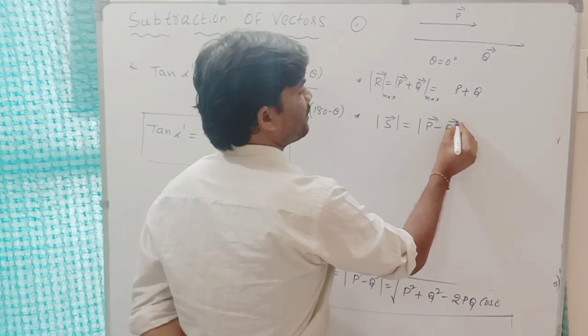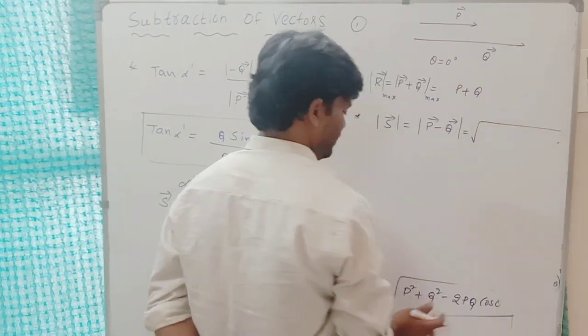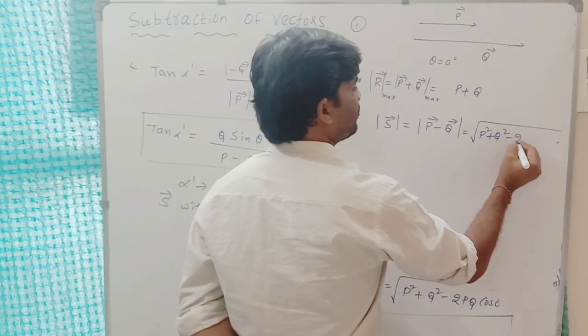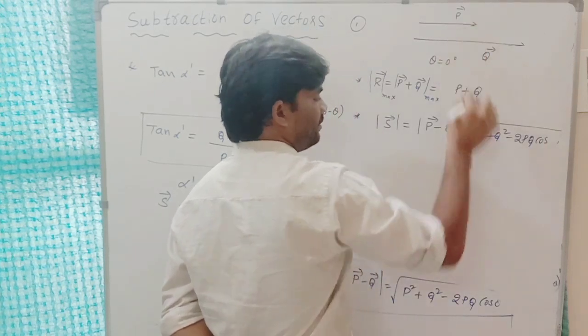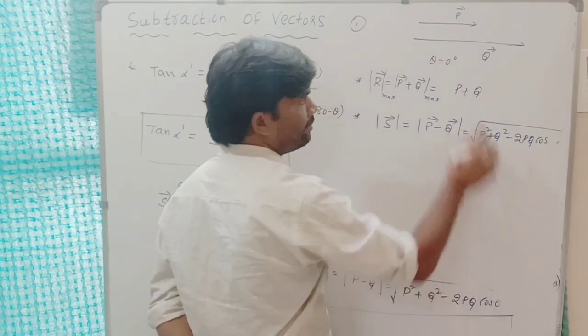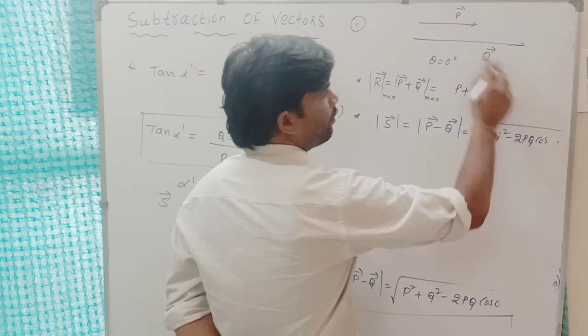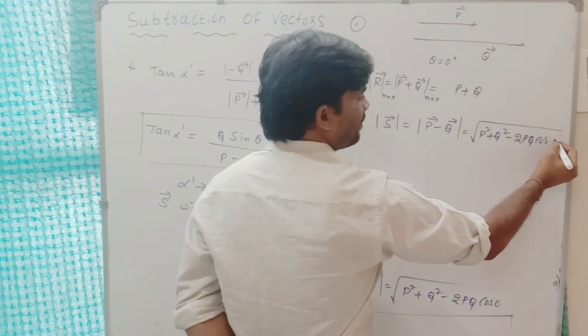P minus Q equals the root of this equation, P square plus Q square minus 2PQ cos theta. What is theta? The angle between P and Q. But don't think here theta is again 180. So the angle between these two is 0.